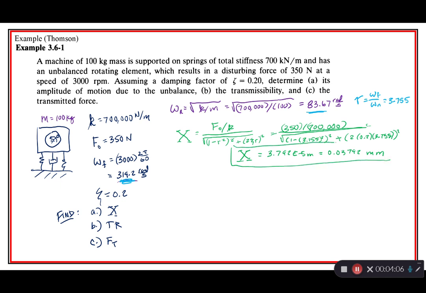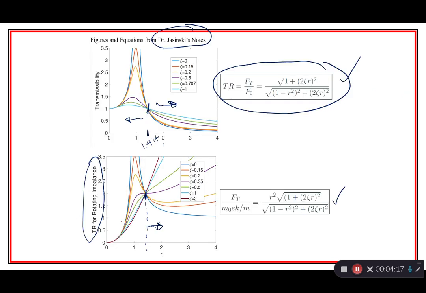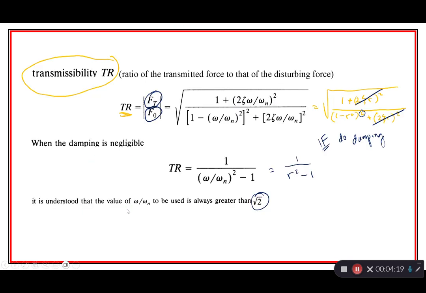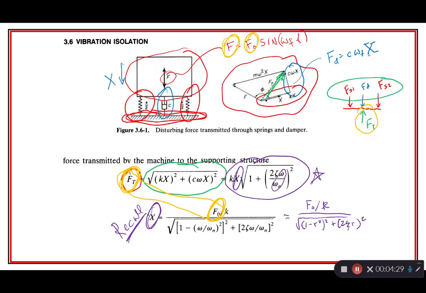And I always like to try to put it into some type of units that I can get my head wrapped around. Now we want to get the transmission ratio, or transmissibility, excuse me. And so we could put it right into here, right? Recognize that we might be able to find this instead.